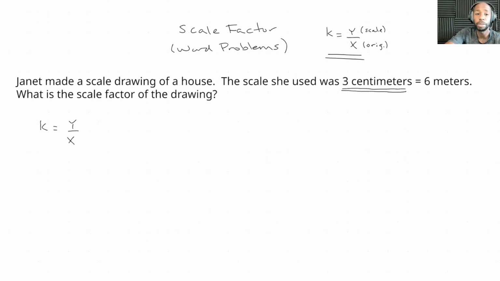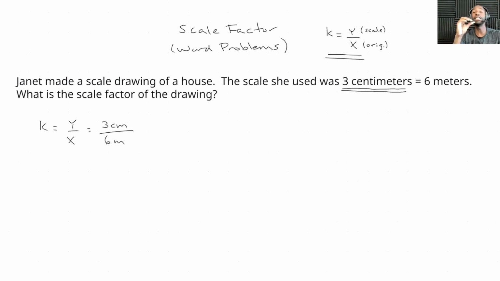So that goes up top, and then the 6 meters goes on the bottom because that's going to be from the original, the house, right? Now, what do we need to do? We need to convert so that we have the same units up top and on the bottom. You got centimeters up top, you got meters on the bottom. Let's convert meters to centimeters.